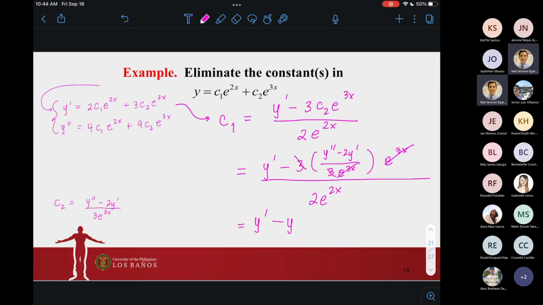So it's going to be y prime minus y double prime plus 2y prime all over 2e to the 2x. So this will be 3y prime minus y double prime all over 2e to the 2x. So this is our expression for C1.